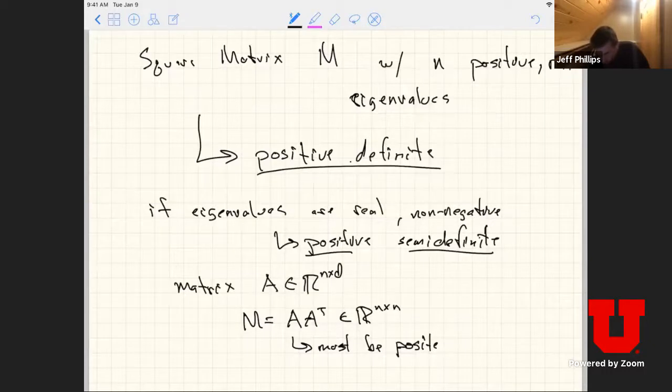And if it's constructed in this way and it's full rank, then it has to be positive definite.